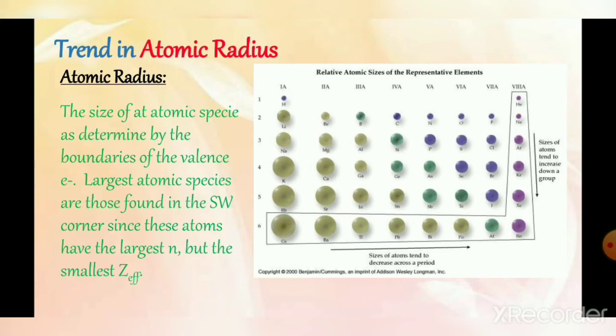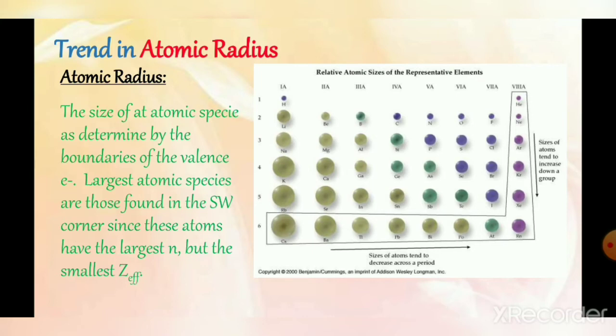If we consider here in the periodic table the elements from group 1A, that is hydrogen, lithium, sodium, potassium, rubidium, cesium, atomic size goes on increasing. The reason behind that is, in each next row, a new shell is added, and therefore atomic size increases.